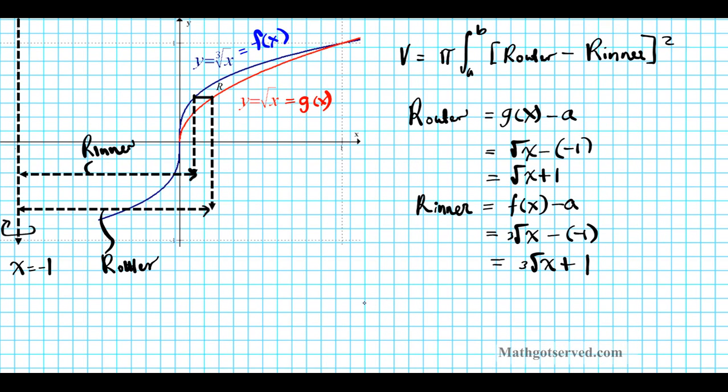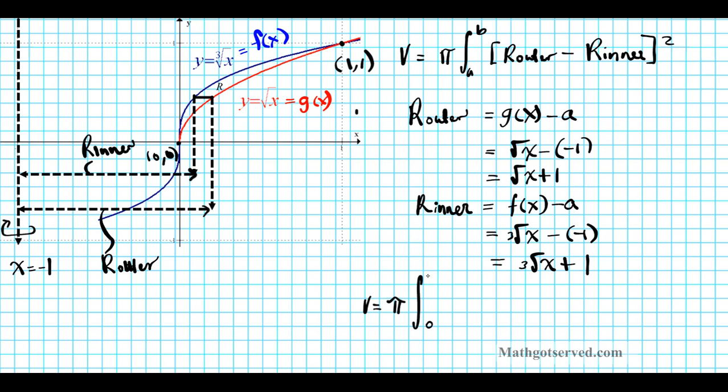All right, so now that we have our outer and inner radius, let's go ahead and write down the volume. So our volume V is going to be pi times the integral from a to b. The point of intersection here is 0, 0. And then the point of intersection here is 1, 1. So our slices are going from the bottom to the top, so from 0 to 1.